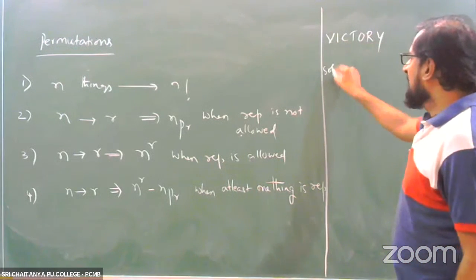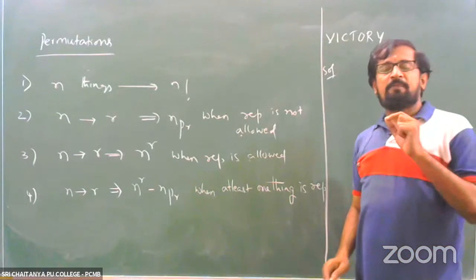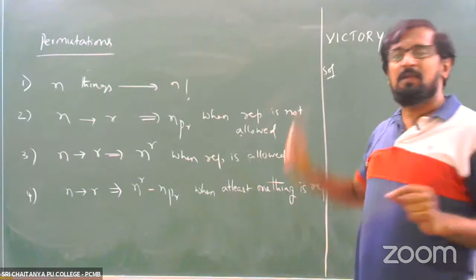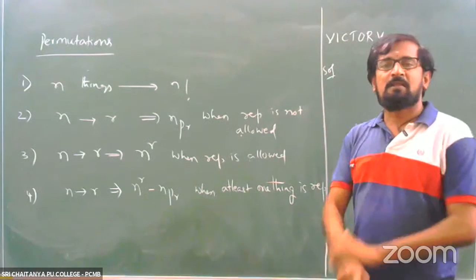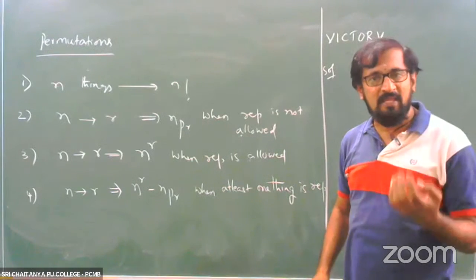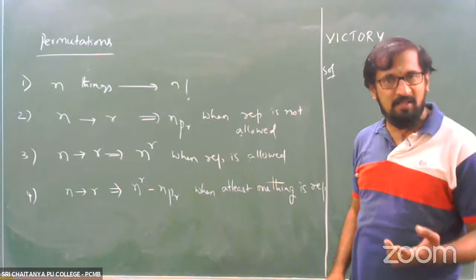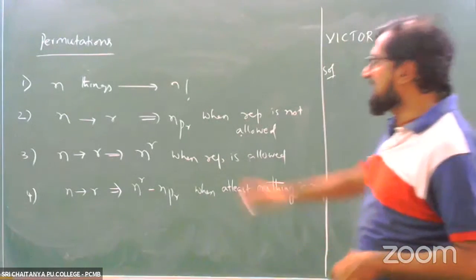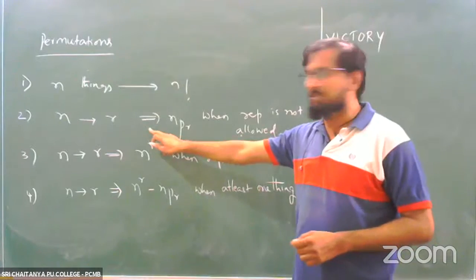First of all, you should check if any letter is repeated or not. In the given word victory, there is no letter repeated, right? That means there is no letter alike. Same letters are not there. Hence, 7 letters, 7 different. Here it is n dissimilar things.